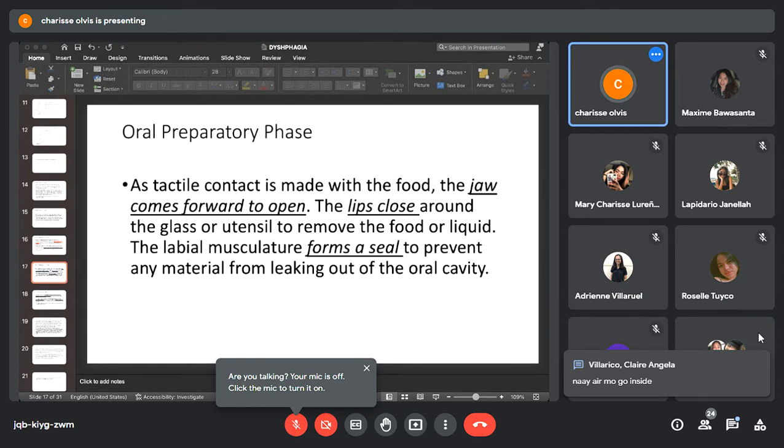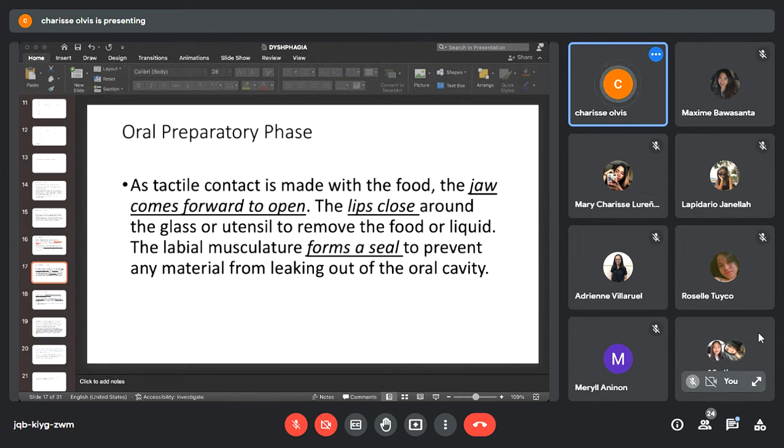Air will go inside. Yes, that's correct. What else? Remember that your food is mixed with saliva, so we could expect what? This is very common. Your drooling. Okay? Very good.